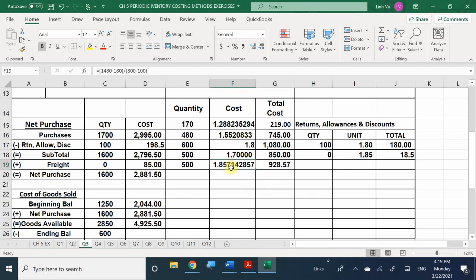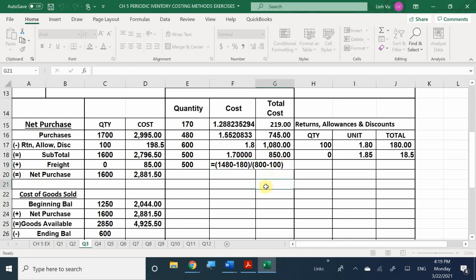This one? Yeah. Yeah, this is I solved for the cost per item. Okay, let me catch that one up real quick. And this one, yes, once again, this is also another formula. Okay, can you show me F19 again?